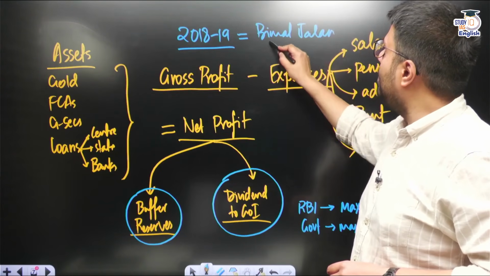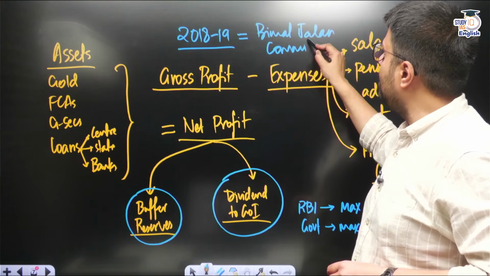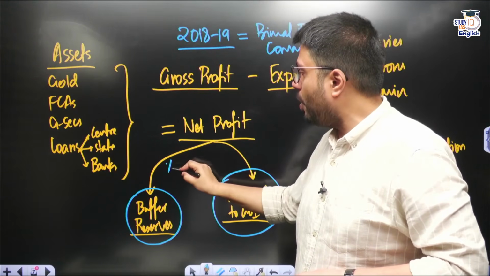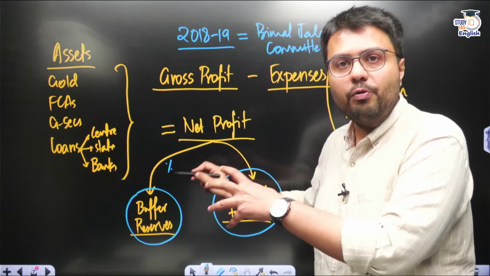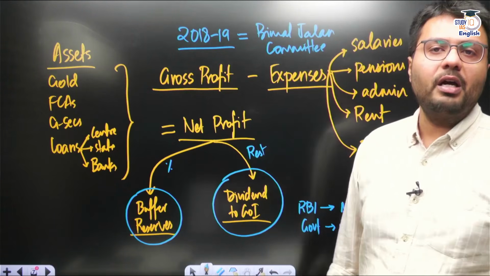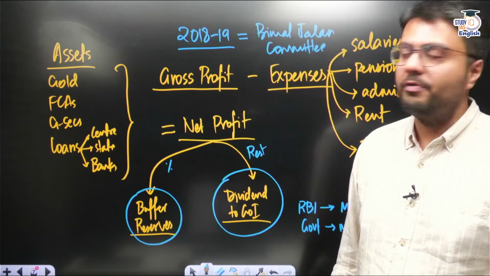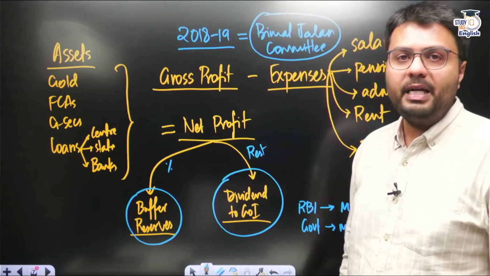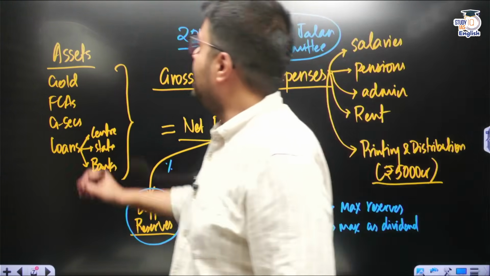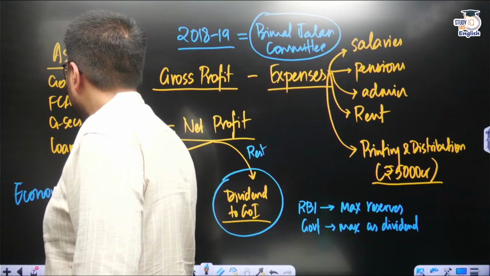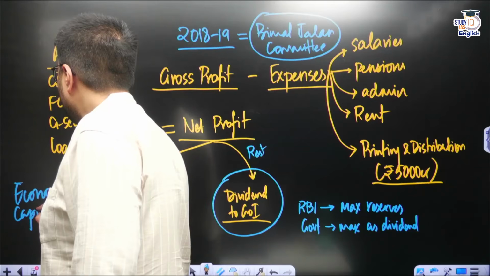And the Bimal Jalan committee recommended a formula to be used by RBI to calculate what percentage of the profit it should use to maintain reserves and how much it should give to the government every year as a part of its dividend. And this formula, suggested by the Bimal Jalan committee in 2018-19, is called RBI's Economic Capital Framework.